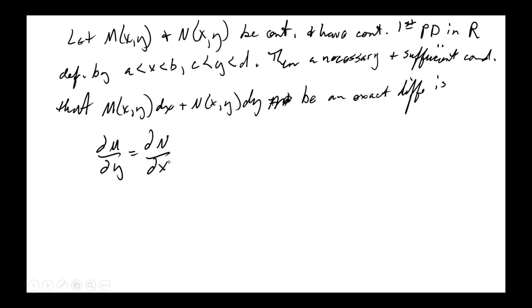You just take the partial with respect to the opposite variable of what follows it. And if those two are equal, then you have an exact differential. All right, now they go into the proof for the necessity part.